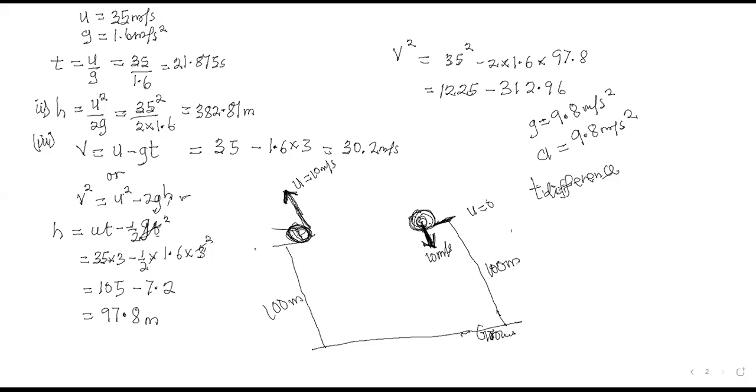It's an application of what we've done, vertically upward and then downward. We are combining the two. So P is projected vertically upward first.